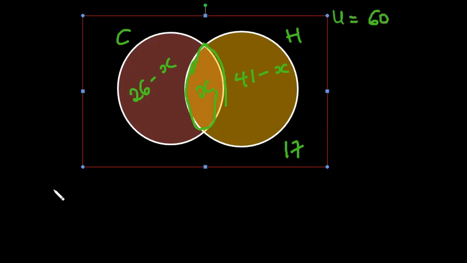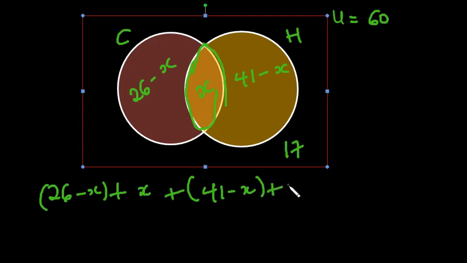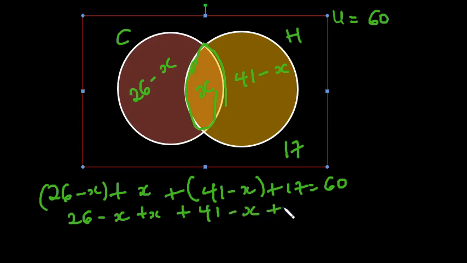So, in other words, we are saying 26 minus X plus X here plus this other one, 41 minus X plus 17 will be equal to 60. Let's expand the bracket. We have 26 minus X plus 41 minus X plus 17 will be equal to 60.